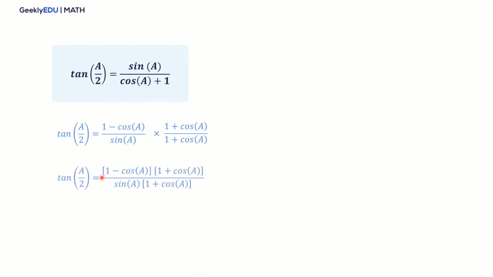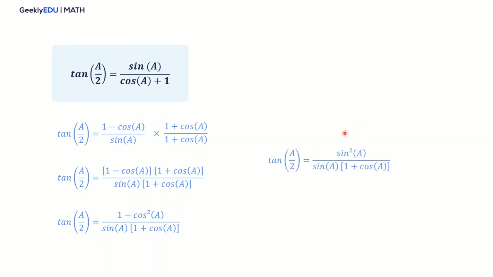Because on the top here, now we have the difference of two squares, right? Which is 1 minus cosine squared of a. And the bottom part, we have simply sine of a multiplying 1 plus cosine of a. Now from here again, you remember that this thing on the top is actually this sine squared of a by the Pythagorean identity.